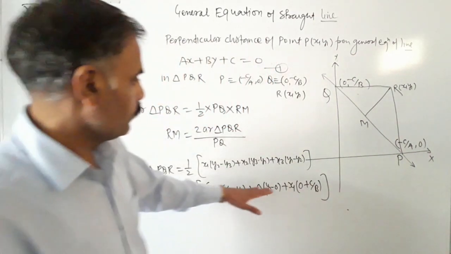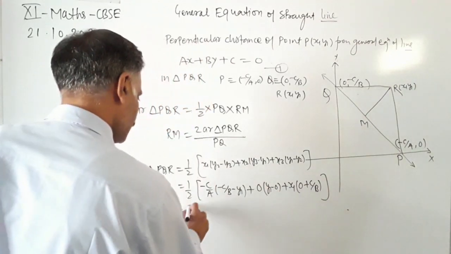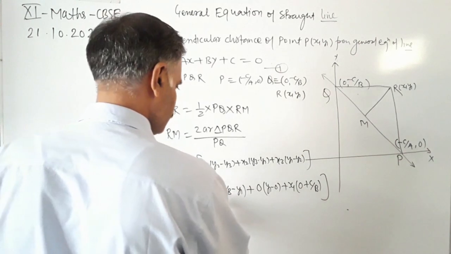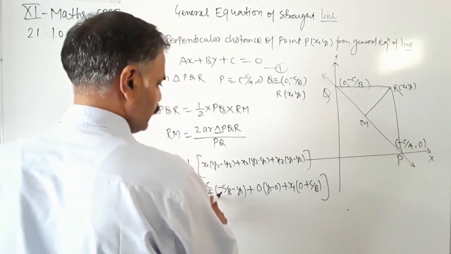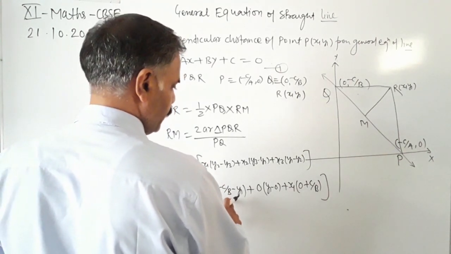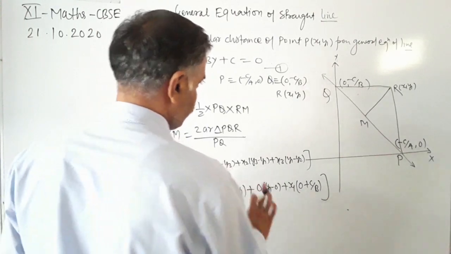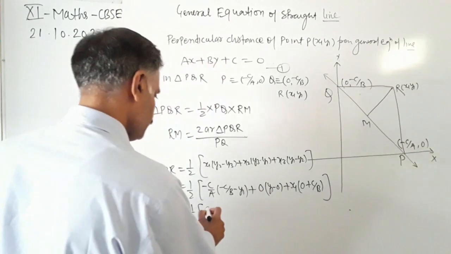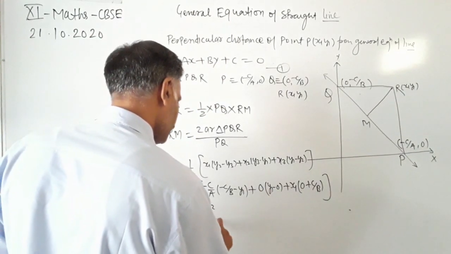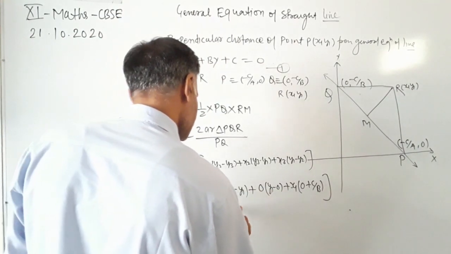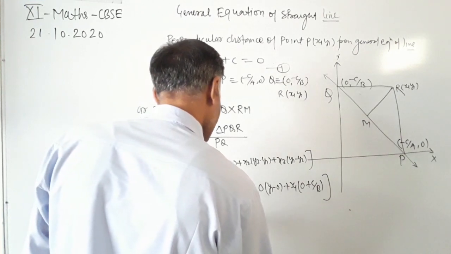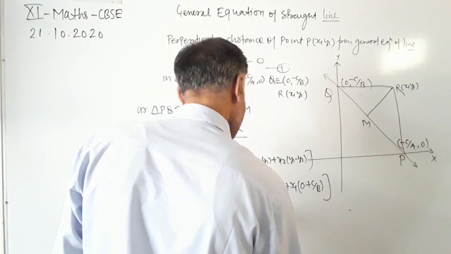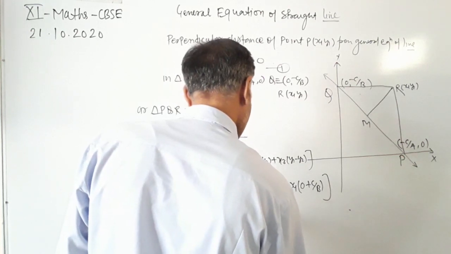Okay, so this is the area of the triangle. Writing this in simplest form, solving this, we will have c square upon ab plus c y1 upon a, plus 0, plus c x1 upon b.